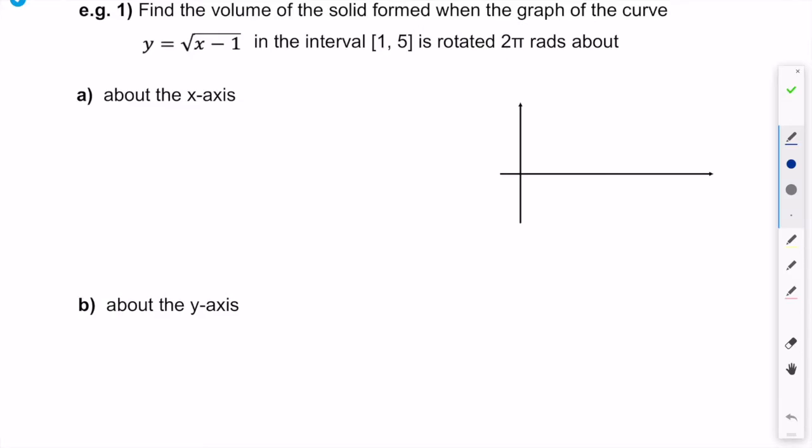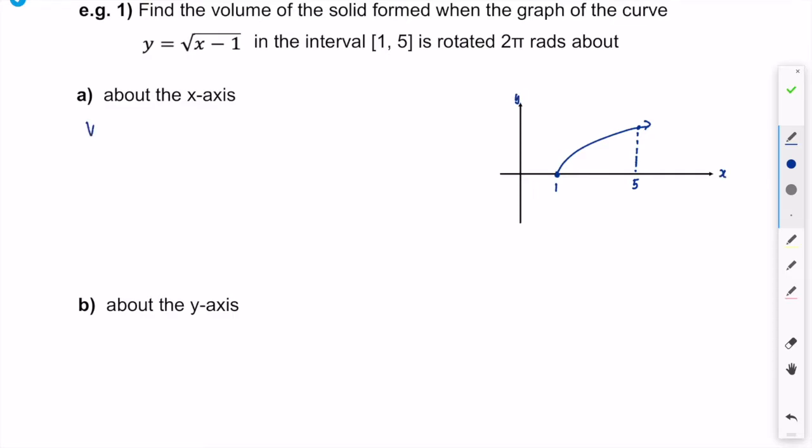So what does this graph look like? Well, I know that it is this function starting at 1. Because of the minus 1, we shift it over to the right. Okay, and then it's going to end at 5 on the x-axis, like that.